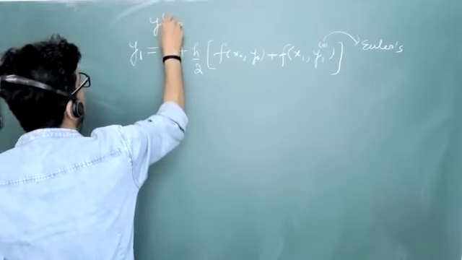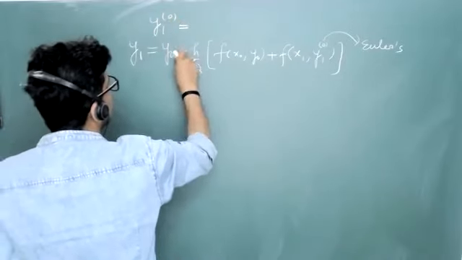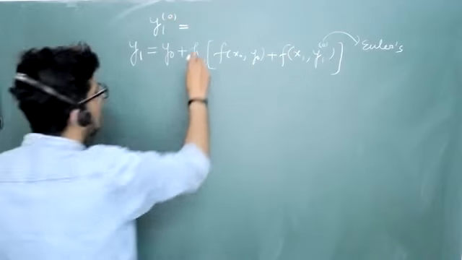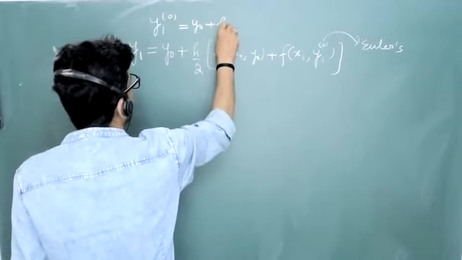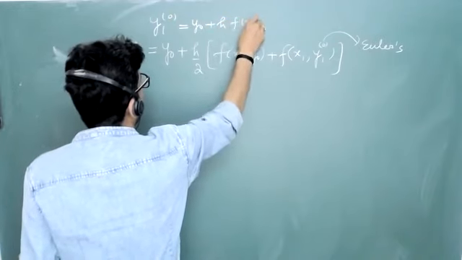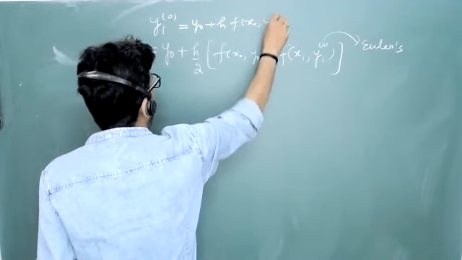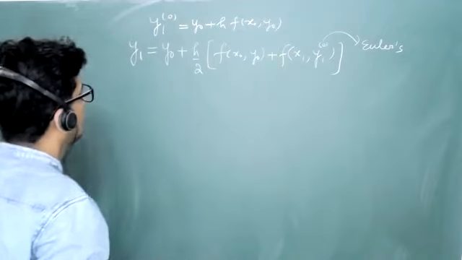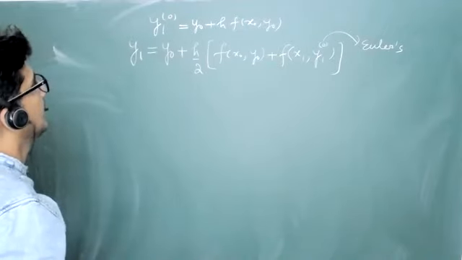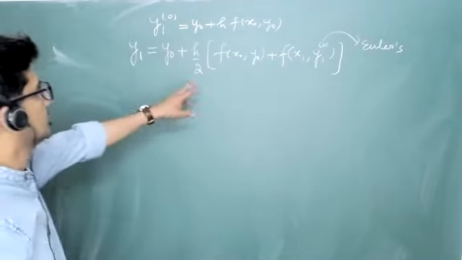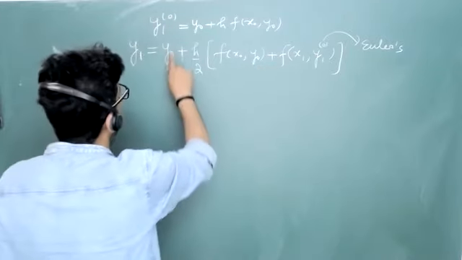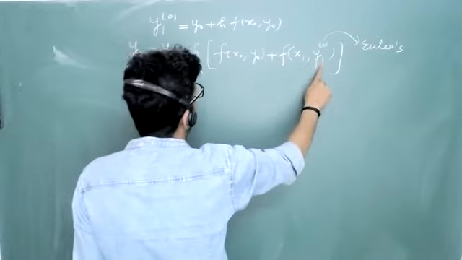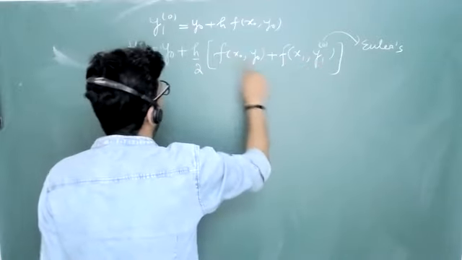So in this notation, y10 is simply y0 plus h times f(x0, y0). You get it from there and put it here. So we are just taking the average of this. So this y10 will be substituted here, and then you will take the average.